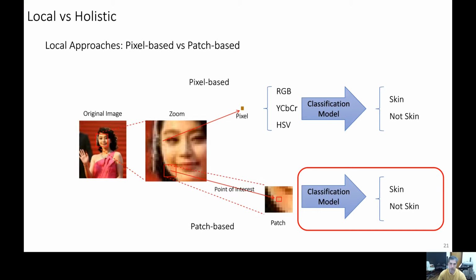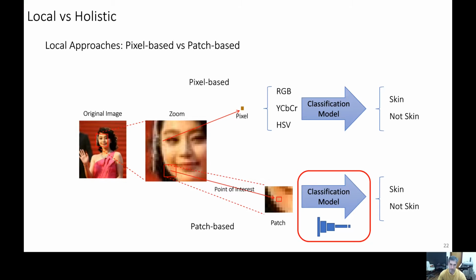The classification model is then executed several times to classify all the pixels. The main advantage of patch-based over pixel-based approaches is the addition of texture as information for the classification. For the patch-based approach, the model is usually a classification convolutional network that classifies the center pixel of the patch as skin or not skin.